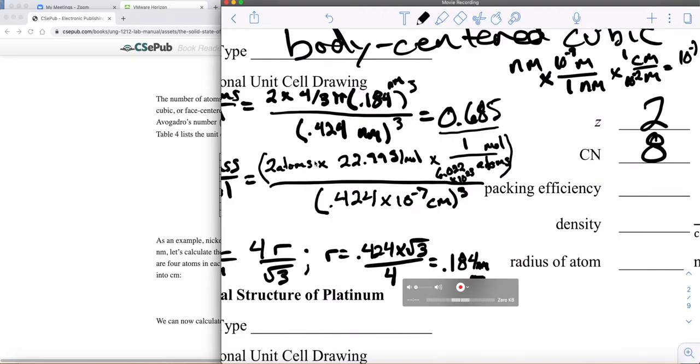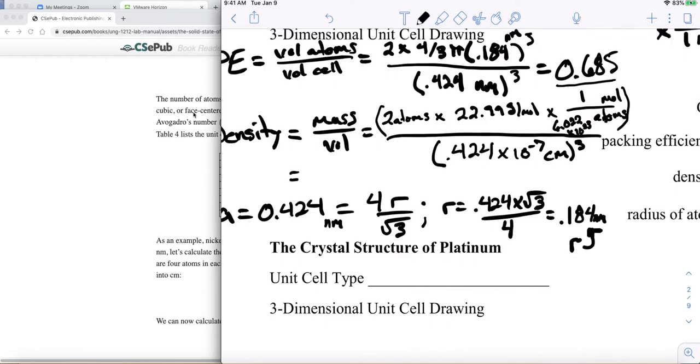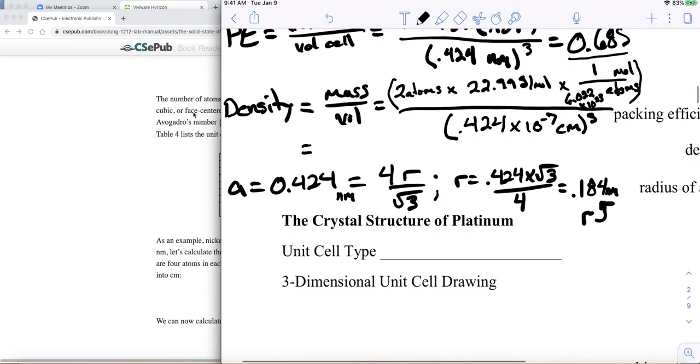Now, the numbers we do get out for this, just to give you some perspective, I do want to show these numbers. So for density, if I calculate just the mass part of this, so we can get a rough estimate for what size numbers we actually expect, I get a mass that's about 7.635 times 10 to the minus 23.